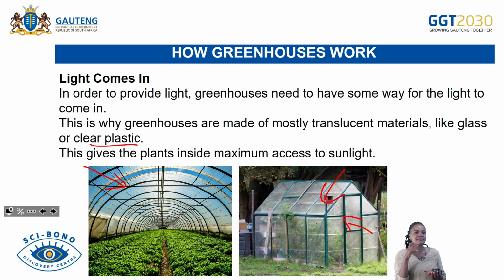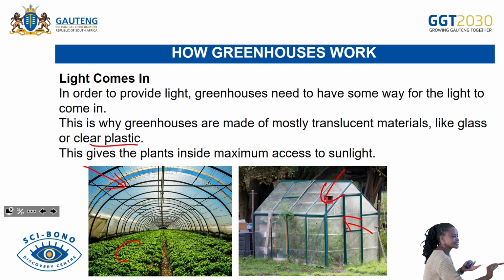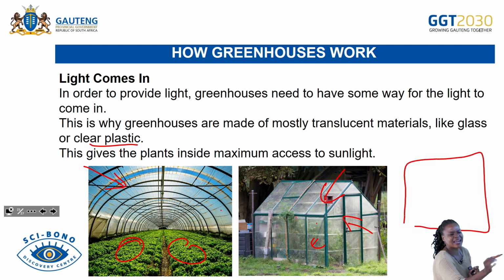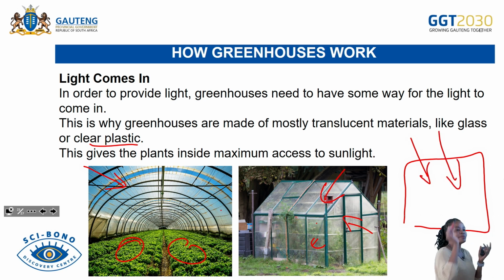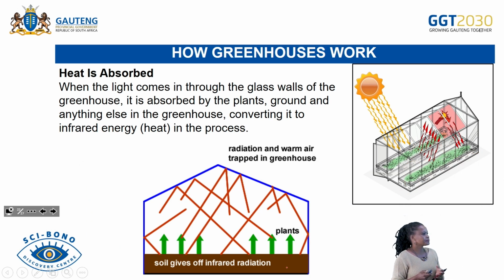This gives the plants inside the greenhouses maximum access to sunlight. So we can never build greenhouses with dark structures, dark plastics. It means that there won't be any sunlight that will be able to pass through. So that is why it is made up of transparent glasses.